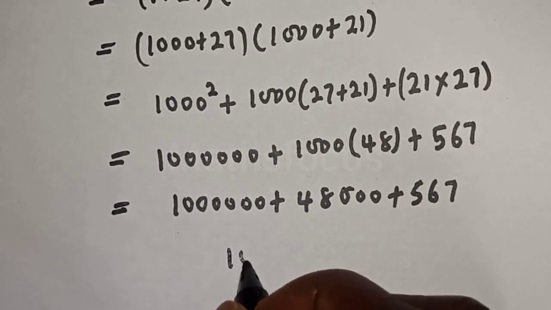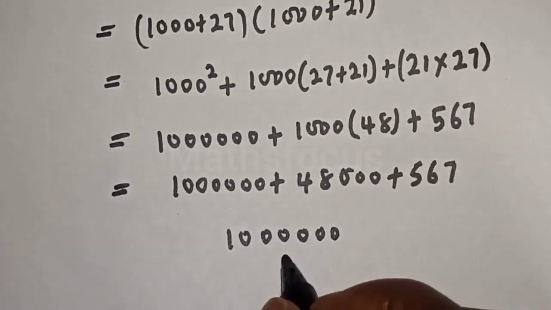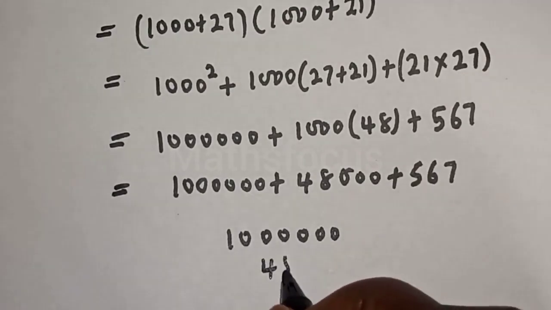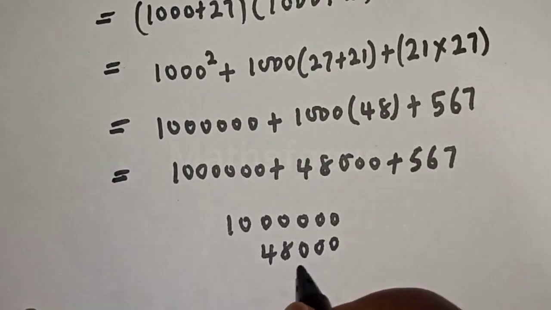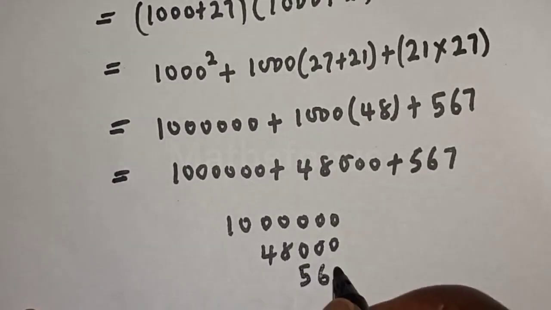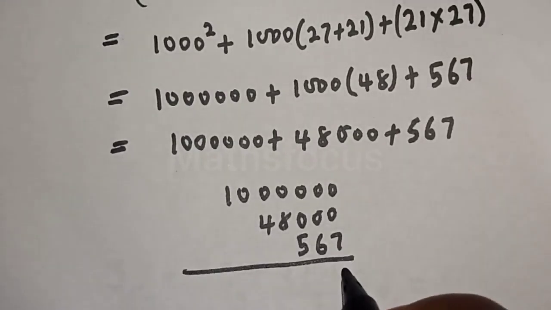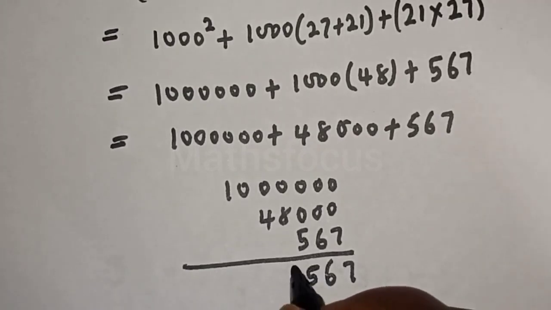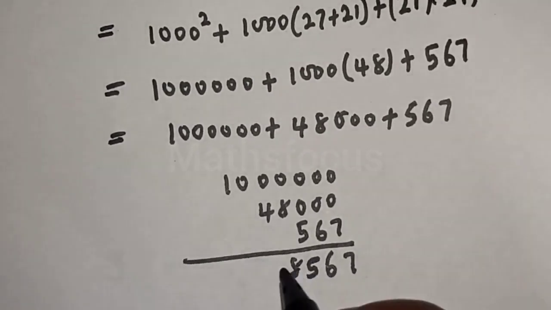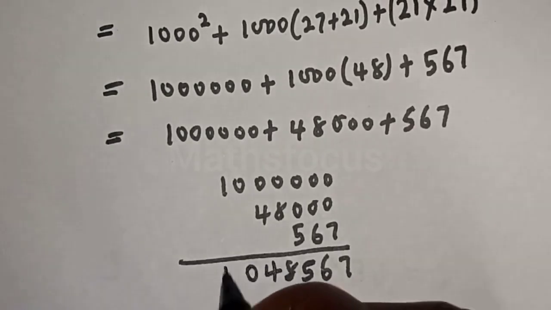Here is 1,000,000. Then we have 48,000 and 567. Now let's sum everything. Here is 7, 6, 5, 8, 4, 0, 1.